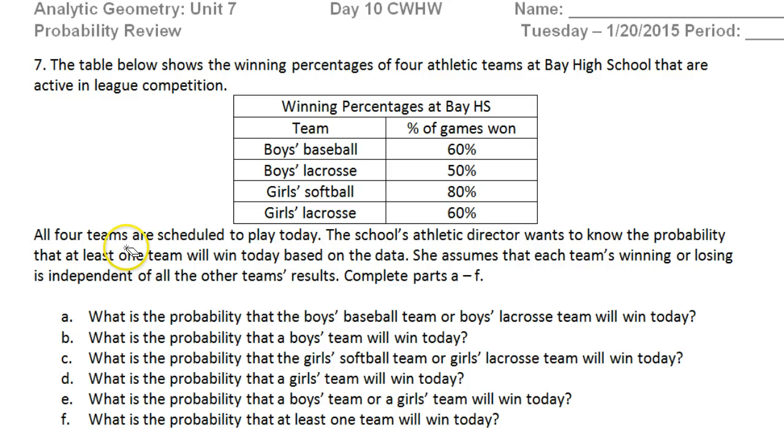All 4 teams are scheduled to play today. The school's athletic director wants to know the probability that at least one team will win today based on the data. She assumes that each team's winning or losing is independent of all other teams' results. Complete parts A through F.